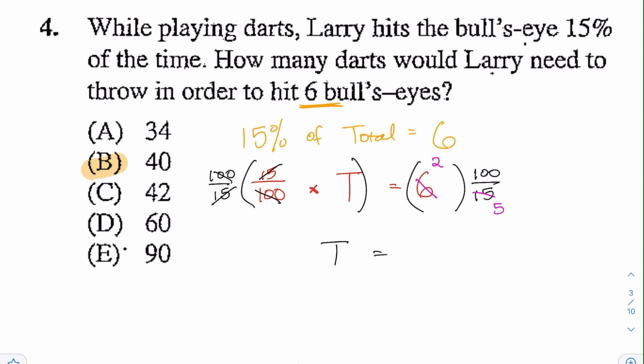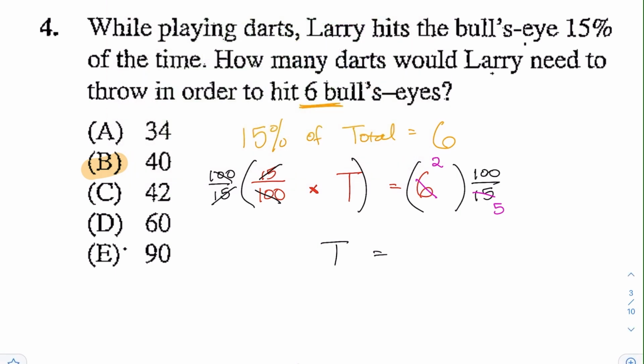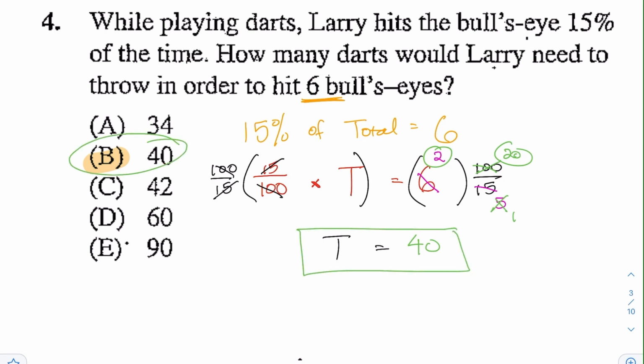If you cross out this common factor of 3, you have 5 in the bottom and 2 in the numerator. Then you can cross cancel the 5 and the 100, because 100 divided by 5 is just 20. So you have 20 and 1. Then the final answer will be 2 times 20, or just 40 divided by 1, which is just 40. So the answer will be choice B.